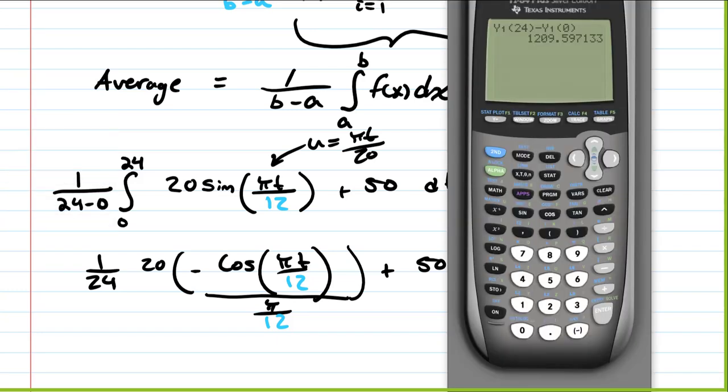Oh, I gotta fix those in my calculator. All of those should have been not 20s, but 12s. 12, and in the denominator, I should also have a 12.